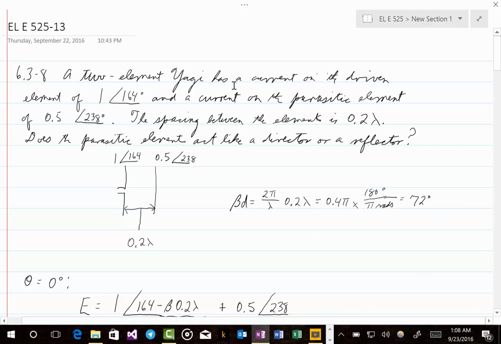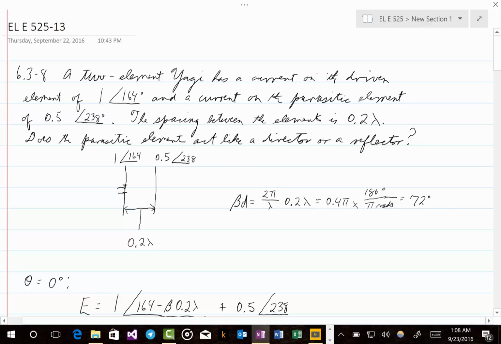A two-element Yagi has a current on the driven element of 1 at an angle of 164 degrees and a current on the parasitic element of 0.5 at an angle of 238 degrees. The spacing between the elements is 0.2 lambda. Does the parasitic element act like a director or a reflector?